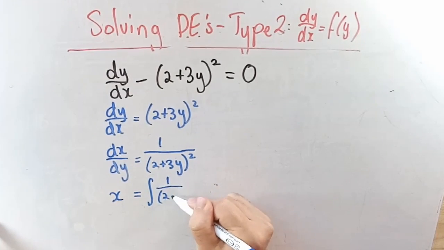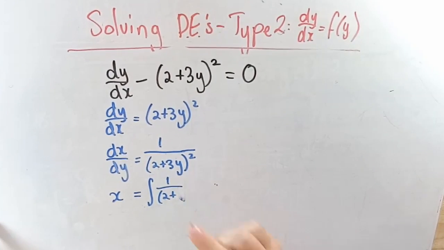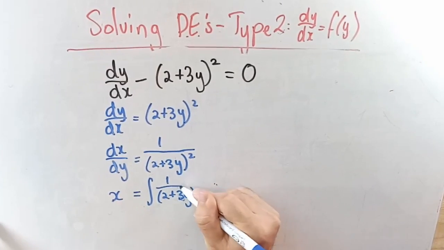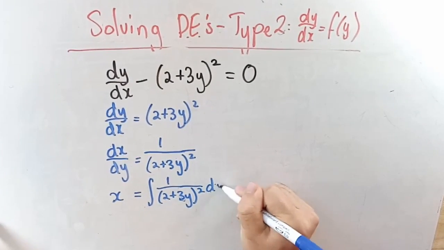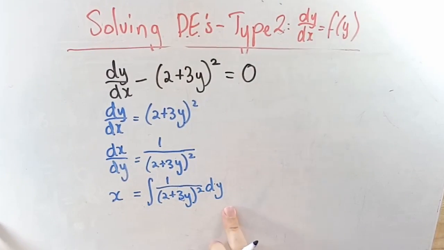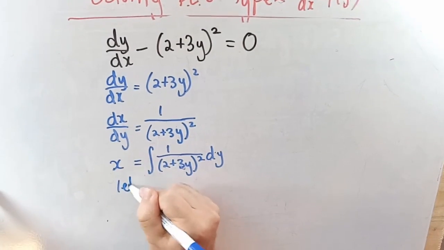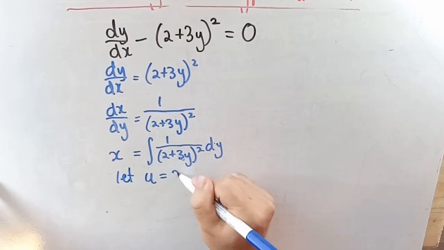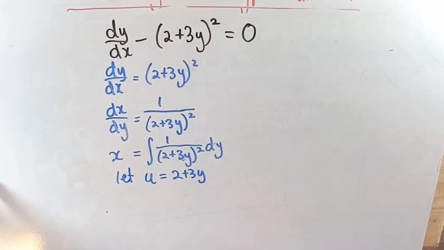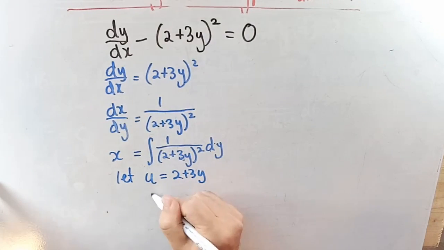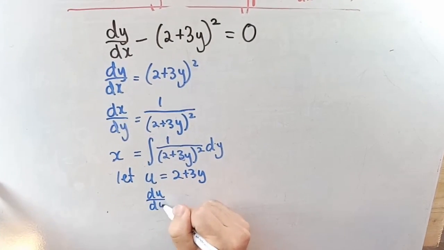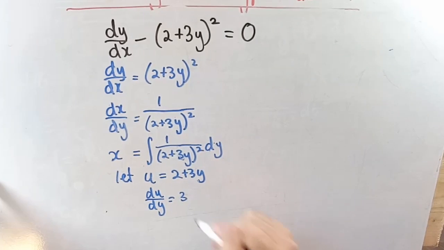1 on (2 plus 3y) squared dy. So now we take the integral with respect to y. Okay, so we might need to make a little substitution here if that's easier. So we'll let u equal 2 plus 3y, and then du/dy is equal to 3.